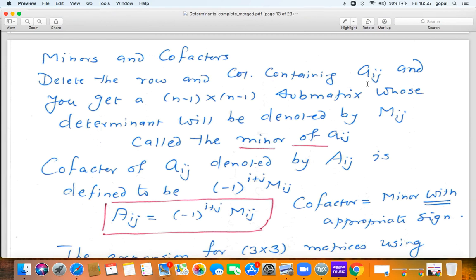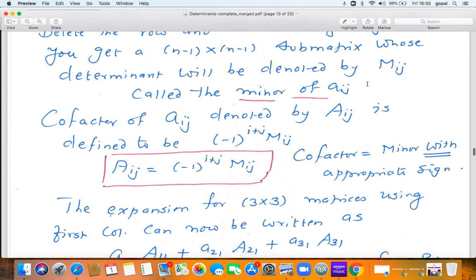This Mij is called the minor of aij. And the minor with a sign attached is called the cofactor. What sign are you going to attach to a minor? I'm going to attach the sign (-1) to the power i plus j, and I'm going to call this new thing the cofactor. So cofactor means minor with appropriate sign. What is that sign? It is (-1) to the power i plus j.